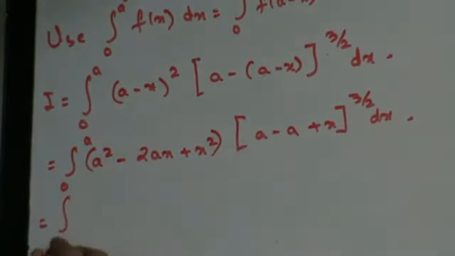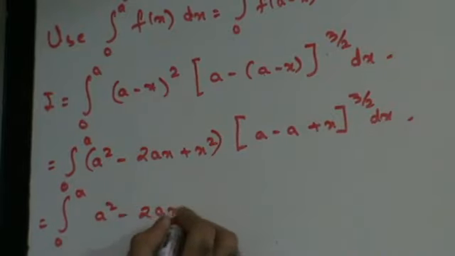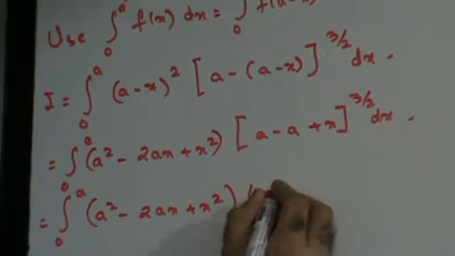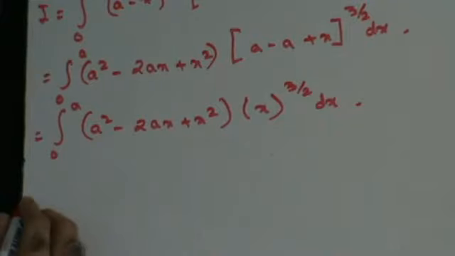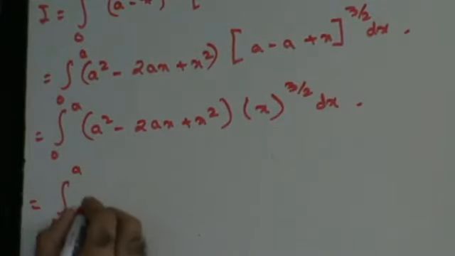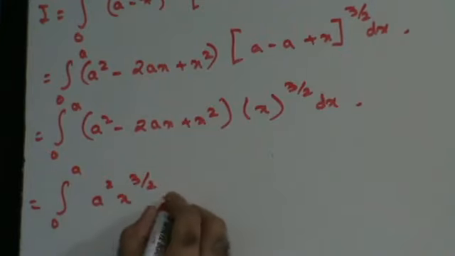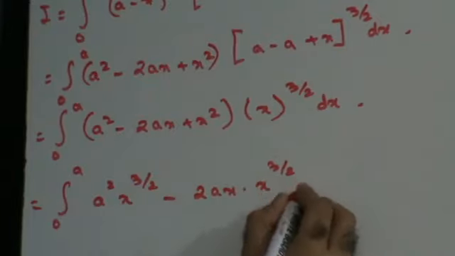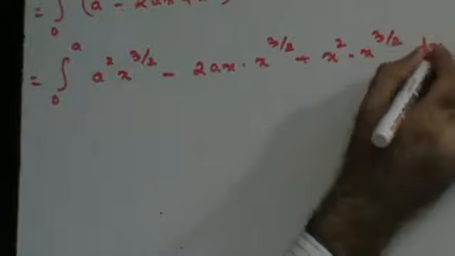This can be written as integral of 0 to a of (a square minus 2ax plus x square) and this is nothing but x raised to 3 by 2 dx. Open the brackets and simplify. This is 0 to a, a square x raised to 3 by 2 minus 2ax x raised to 3 by 2 plus x square x raised to 3 by 2 dx.